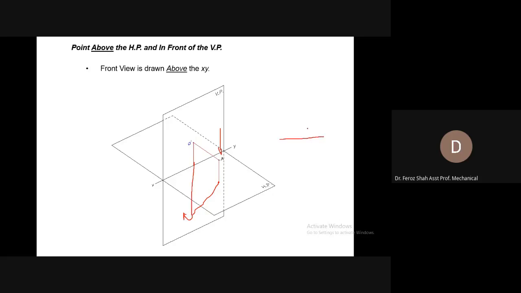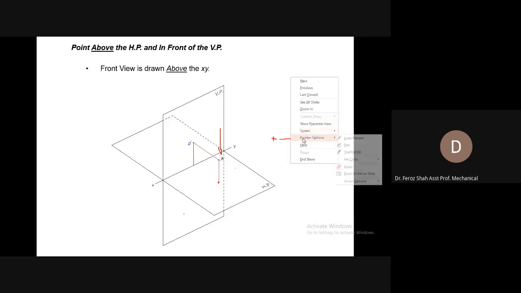So on your sheet you will be only drawing the XY reference line, and you can see that the front view of this point A is being drawn at the vertical plane, above the XY reference line.